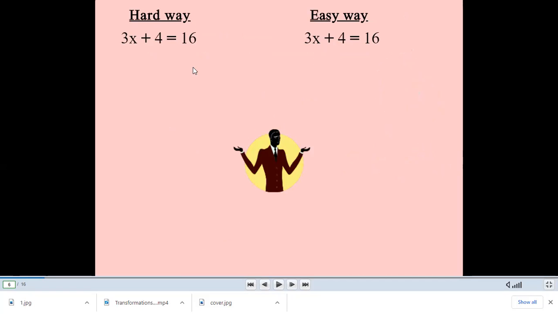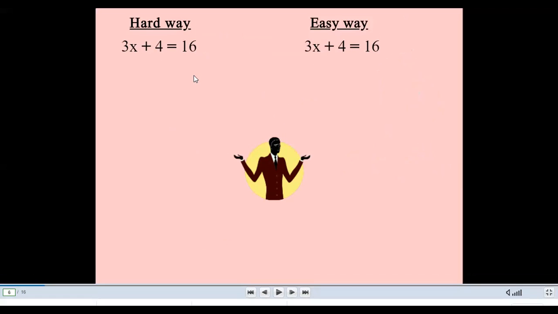The hard method: 3x, which operation do you have when you say 3x? 3x means 3 multiplied by x, or 3 plus x, or 3 divided by x, or what? You can say directly without raising your hand. 3 multiplied by x, right?